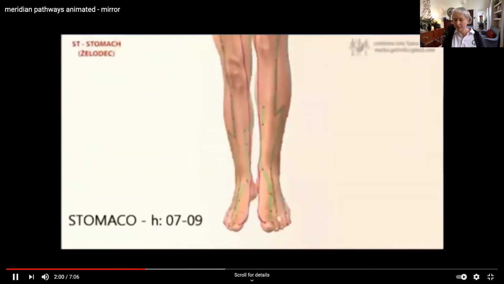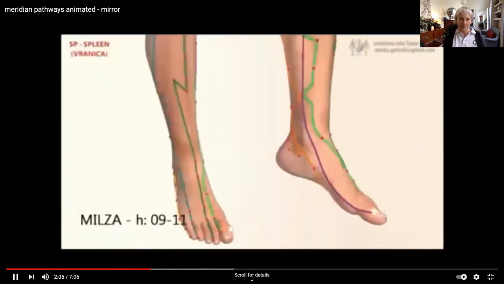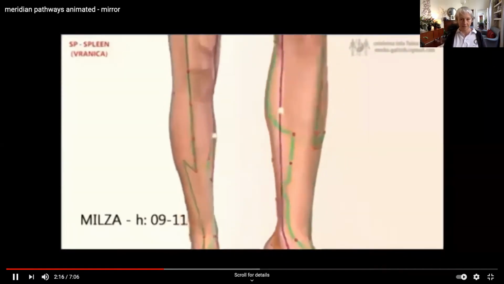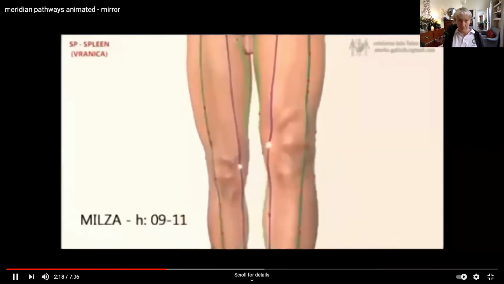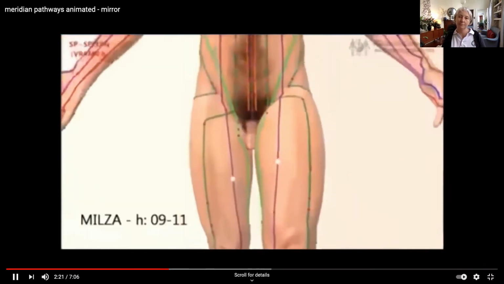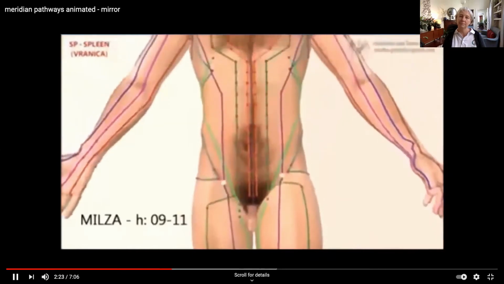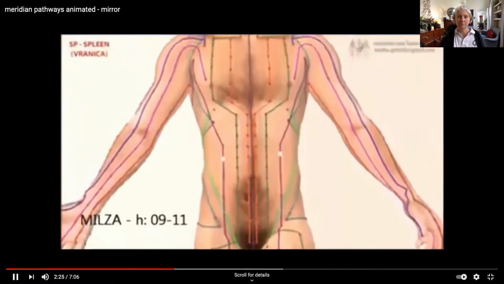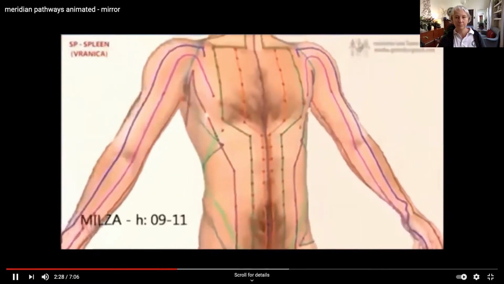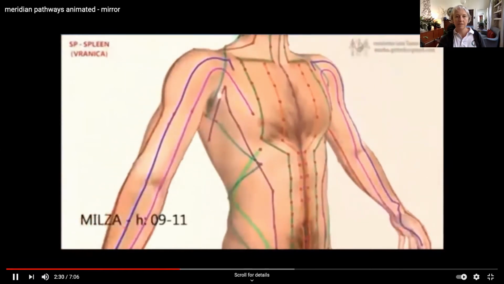And then the stomach connects to the spleen, which is the next organ. Up on the inside of the leg. Finishes just down on the side of the rib cage there.